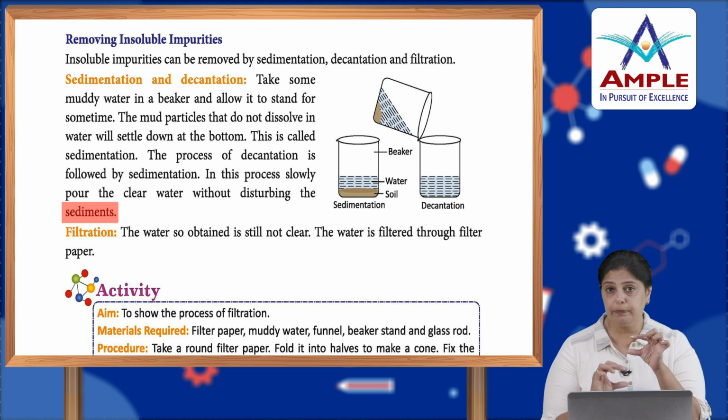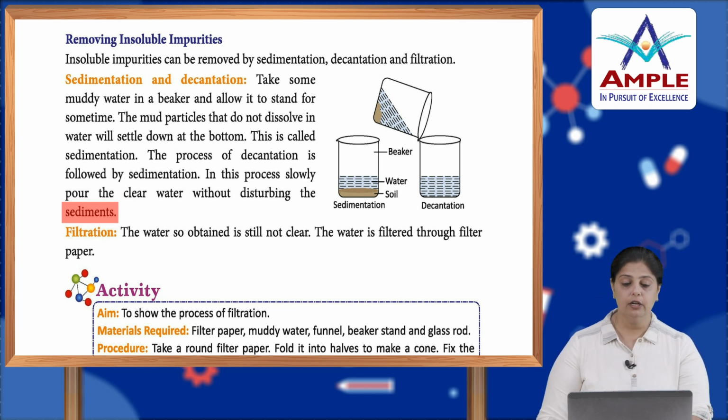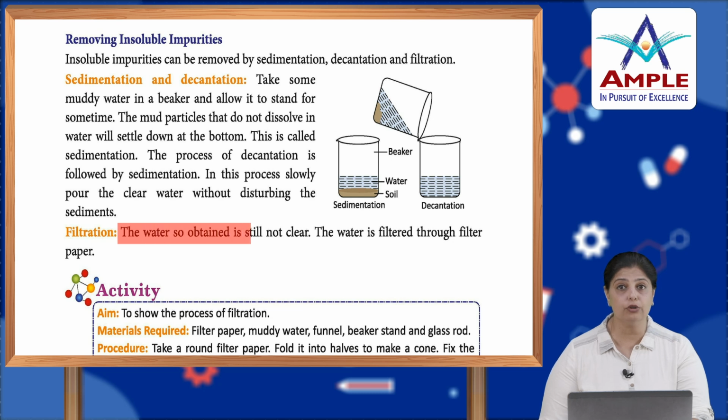Slowly pour that water which is on top into another beaker. The water so obtained is not clear, so the water is filtered through filter paper. You put the water that you have collected in the process of decantation on a filter paper and get it filtered.